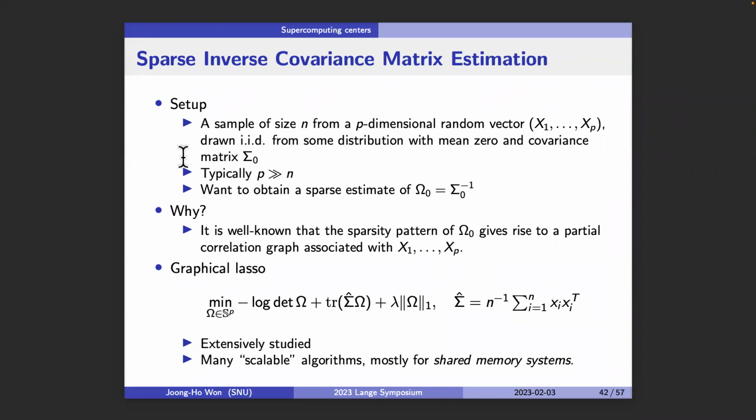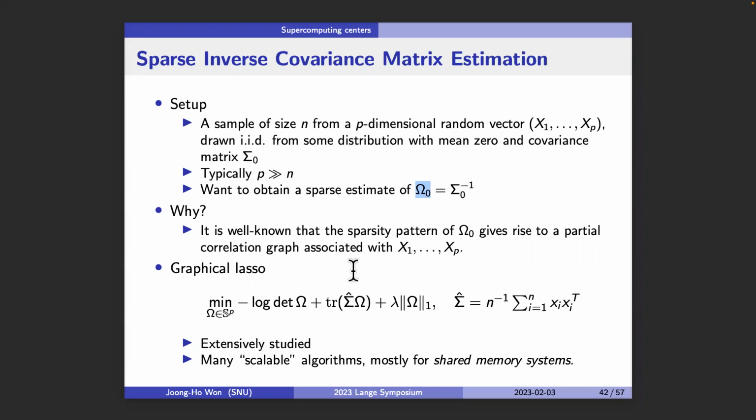We have a sample of size n from p-dimensional random vectors with some zero-mean distribution with unknown covariance matrix sigma naught. And the typical setup is that the dimension p is much larger than the sample size n, and we want to obtain a sparse estimate of the inverse of the covariance matrix, which is usually called omega naught.